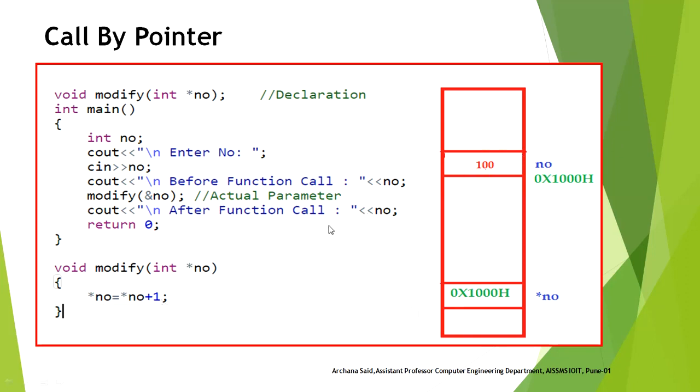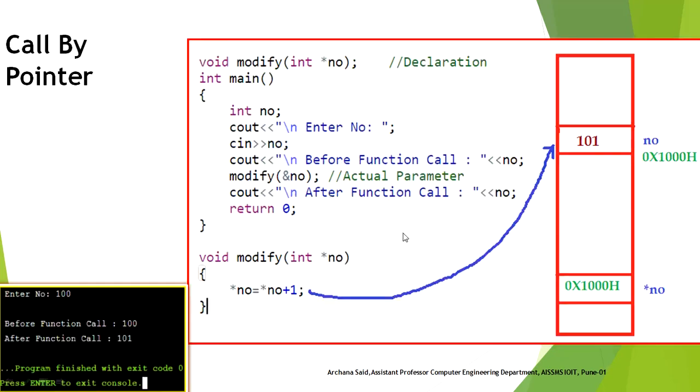So even though we have not returned that value, the value will get reflected where the function is being called. Let's see the output. As you can see in the output, the value before the function call is 100, and after it has been updated it is 101. So even though there is no return statement in the function definition, the value is changed at this particular memory location.